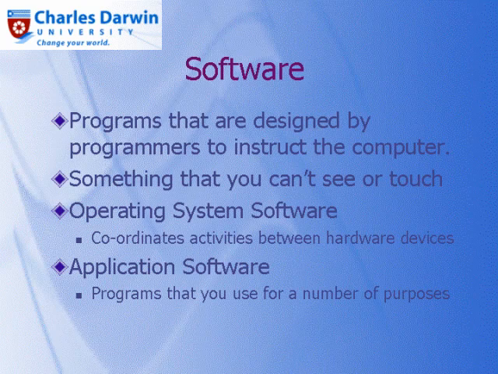Software: it's something you can't really touch. I suppose it's designed by programmers with instructions. There's two different types. There's operating system software, so it's like Vista and XP, 98 and those sorts of things.